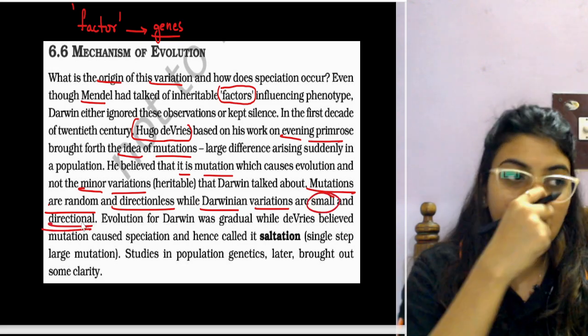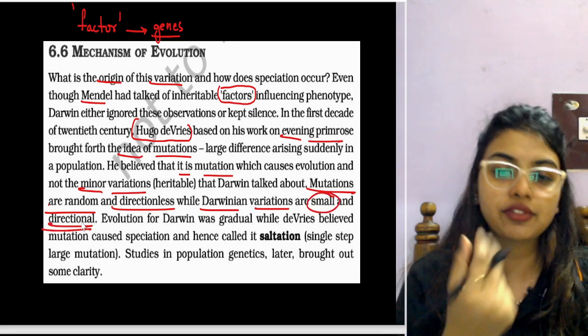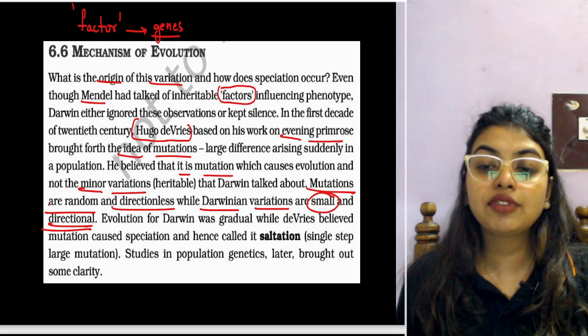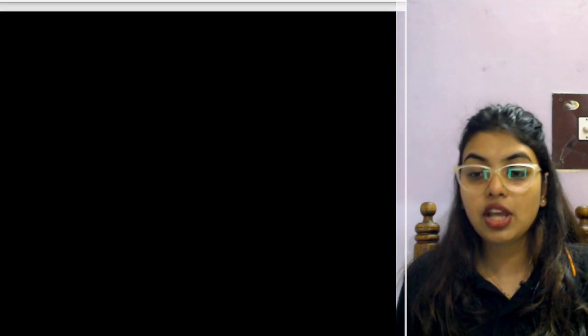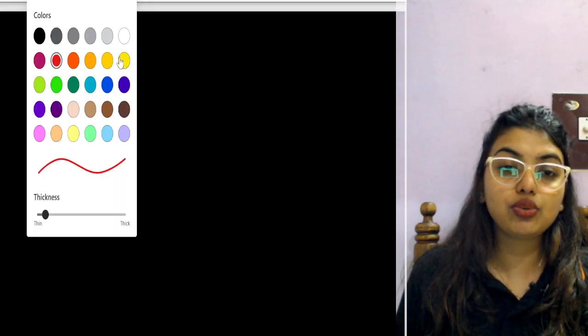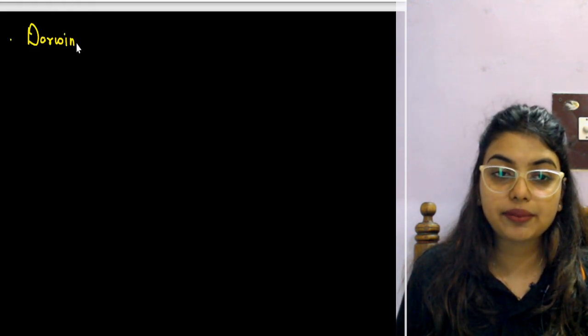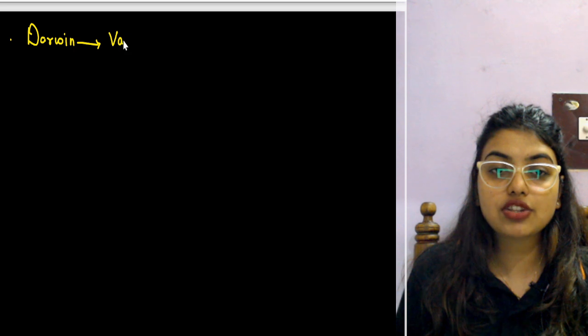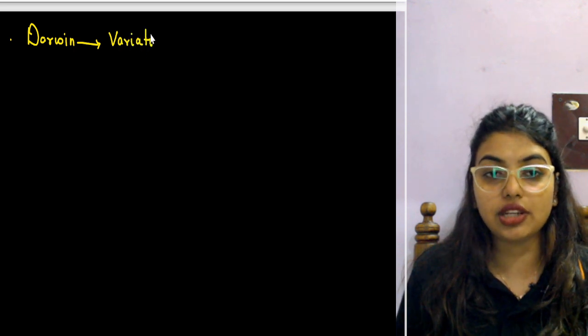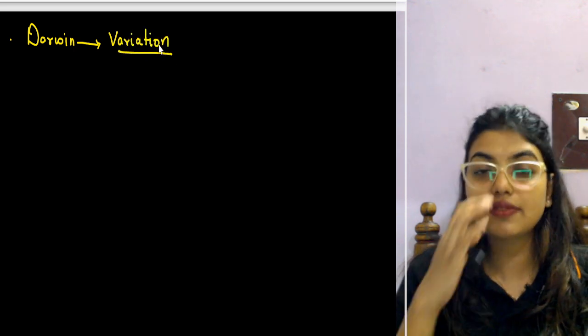According to Darwin, he kept telling variation, variation, variation, but he did not know from where exactly variation came. He kept telling that natural selection is because of variation, but he did not know from where this variation happened.